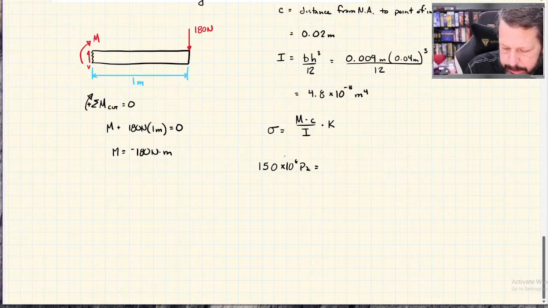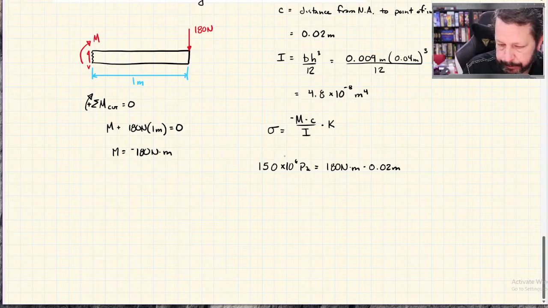M was 180 newton meters. Technically it's negative, and there's a negative sign, so I have two negatives, so it comes out positive. c is 0.02 meters. I is that really small number. And K is the thing I want to solve for.